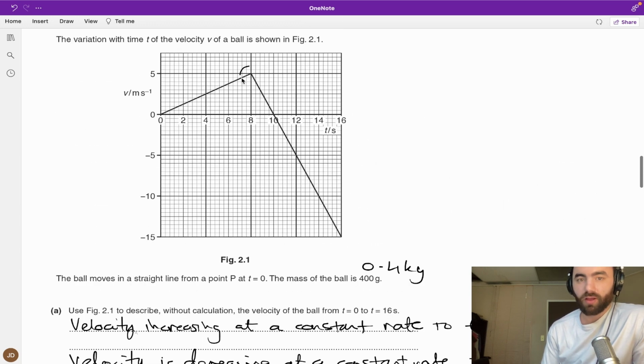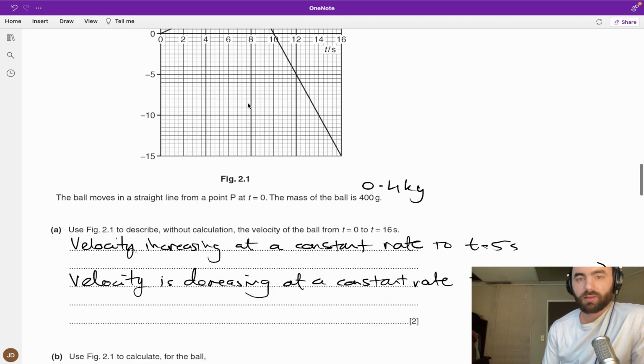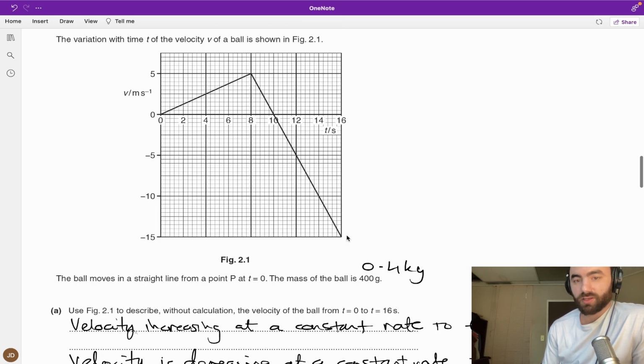So it increases to 5 meters per second, and then it decreases to 0 meters per second at t equals 10 seconds. It then continues to decelerate. Now it's accelerating in the opposite direction.